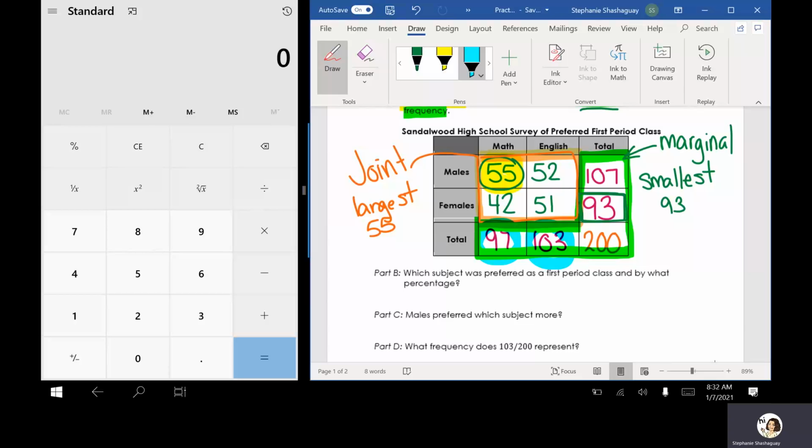Well, according to our data, the subject that was preferred was English. And to figure out the percentage, we're going to go over here to our calculator and we're going to do 103 because that's the number of students that preferred English, and we're going to divide by 200. That gives us 0.515, but to make it a percentage, we're going to multiply by 100 and we find out that it's 51.5%.